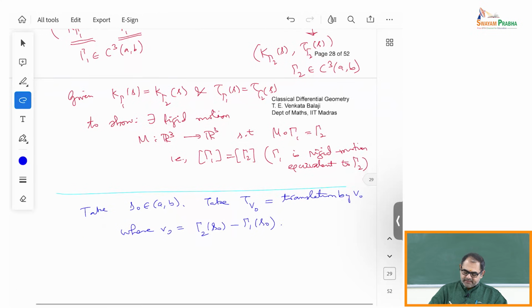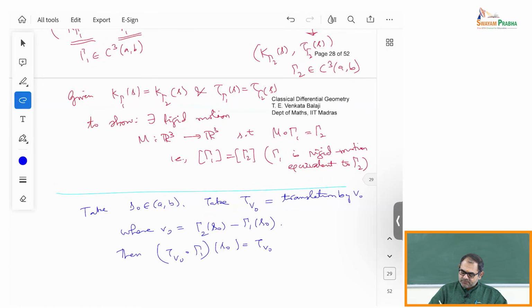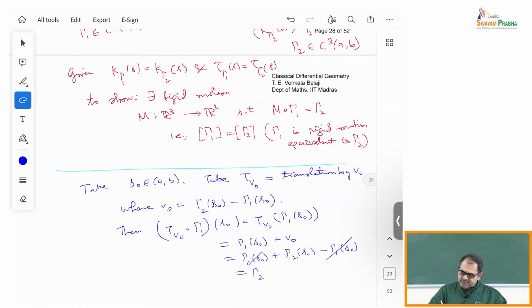Okay. Then TV naught circle gamma 1 of S naught is TV naught of gamma 1 of S naught, and that will be gamma 1 of S naught plus V naught. It is gamma 1 of S naught plus gamma 2 of S naught minus gamma 1 of S naught, and that is going to give me gamma 2 of S naught.